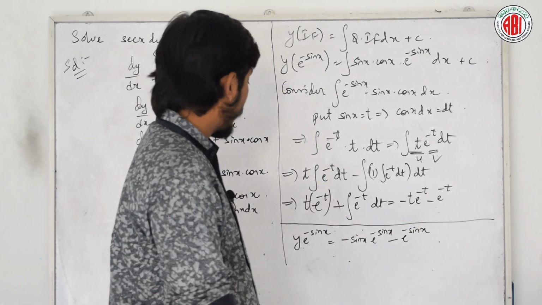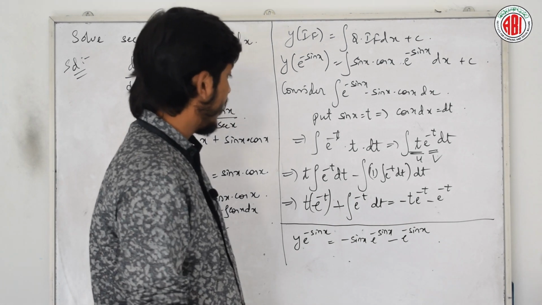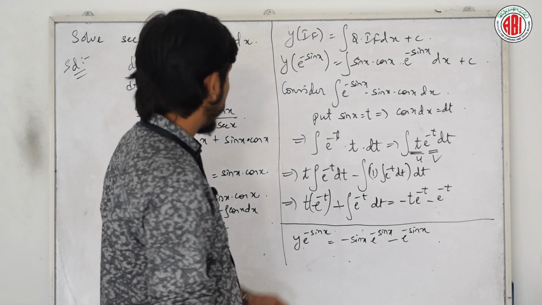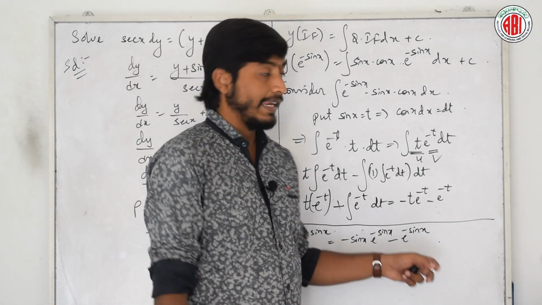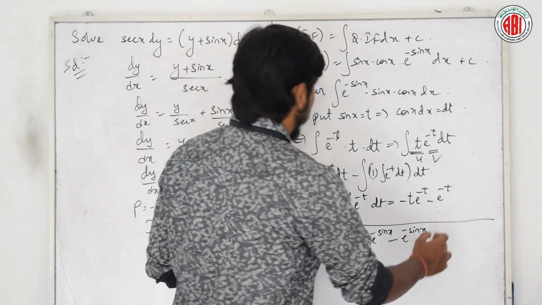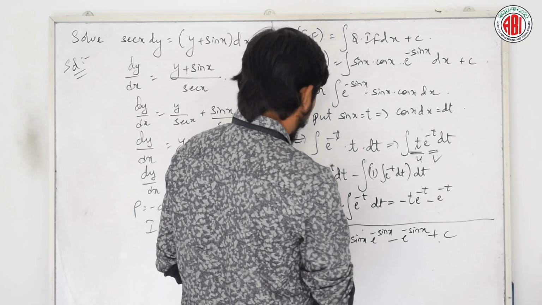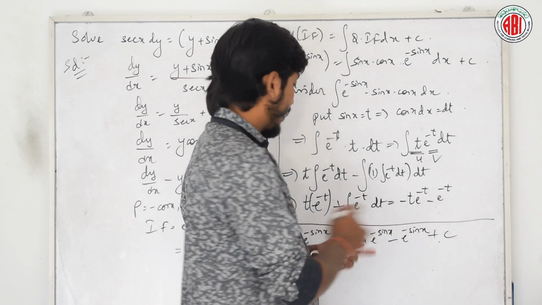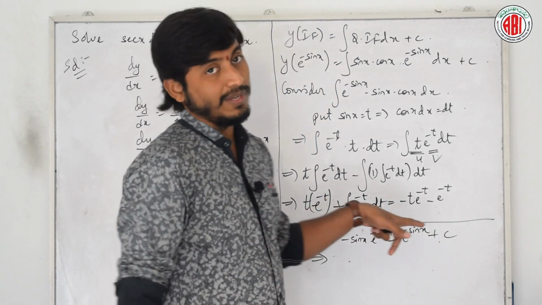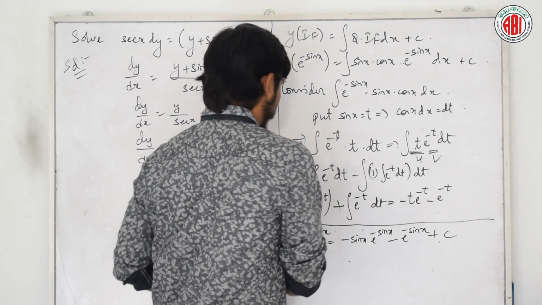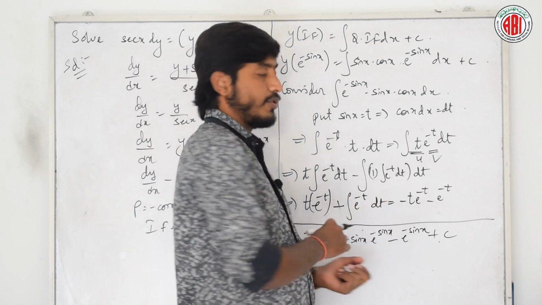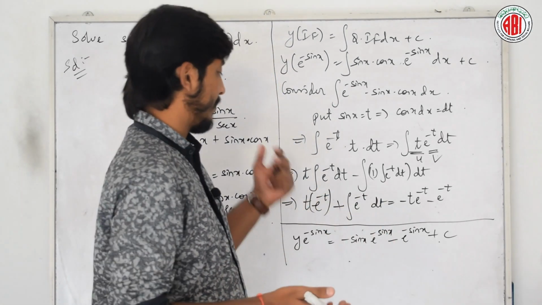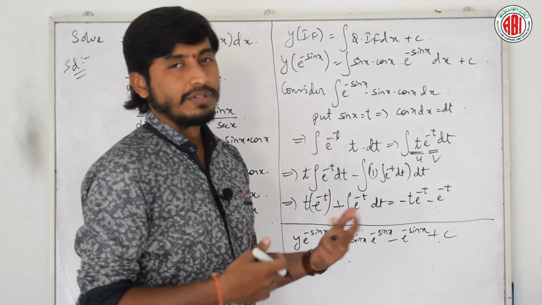If you want to simplify more, it's fine, or else you can take this e power minus sin x as common. Plus c here. Okay, already there is one c, right? So we can't take minus common. If you want, you can bring all terms together and take e power minus sin x as common and simplify.